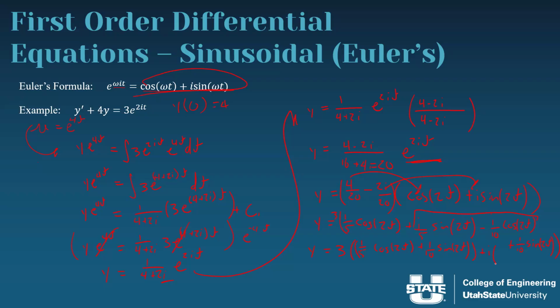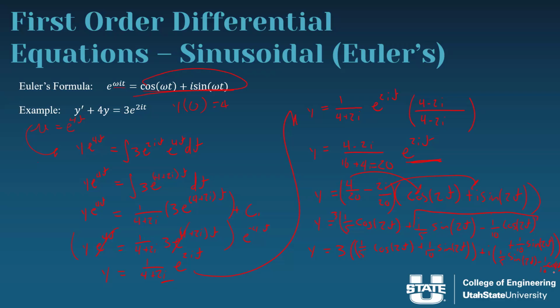For my i I will have a cosine and a sine term. Actually, I'm going to write the sine one first because the cosine one is negative. So 1/5 sine 2t minus 1/10 cosine 2t.